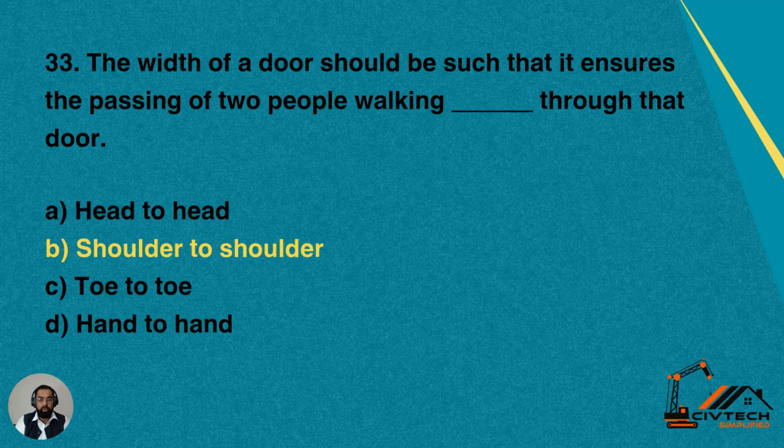Number A head to head, number B shoulder to shoulder, C toe to toe, D head to hand. So option B, shoulder to shoulder, is the correct answer for this question number 33. The width of the door should be such that it ensures the passing of two people walking shoulder to shoulder through that door.